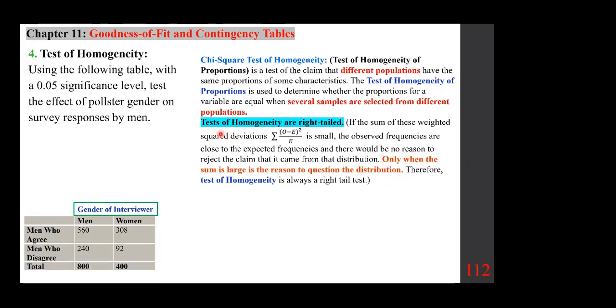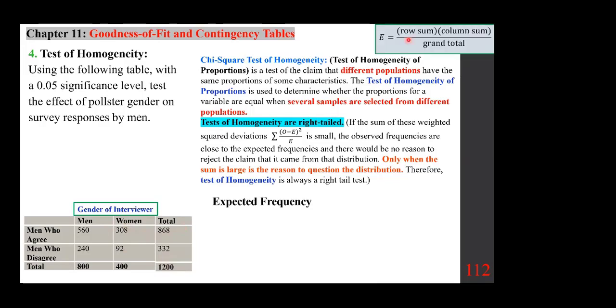All right, so again, we need to calculate the total. So going back quickly, you need to calculate the total here. You need to calculate the total here. And as you can see, this is the grand total. We need to calculate the expected frequency for each cell using the same formula that we used previously.